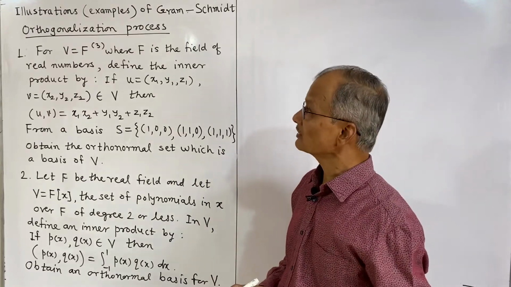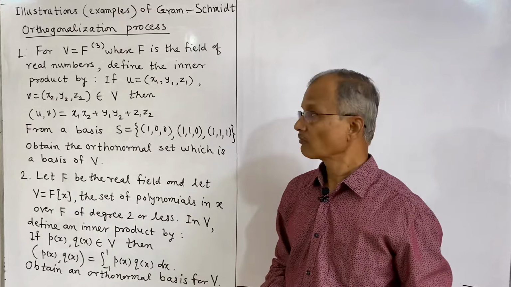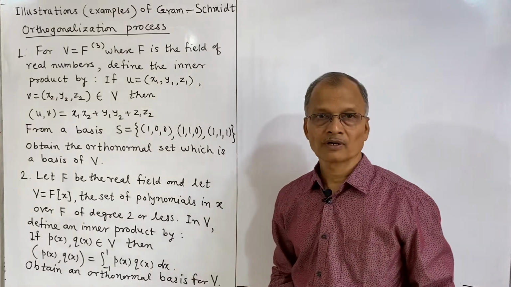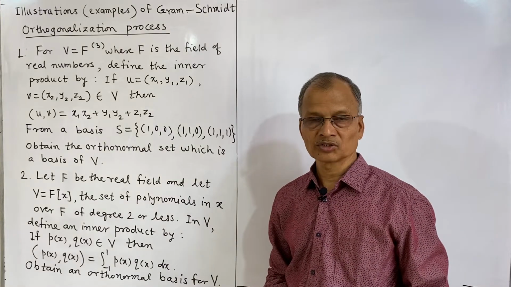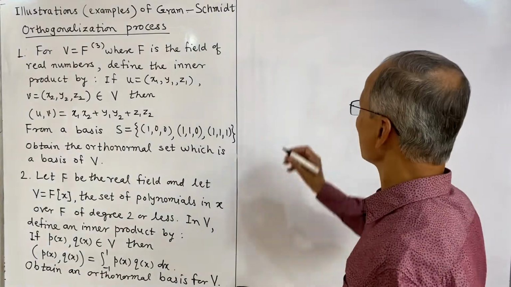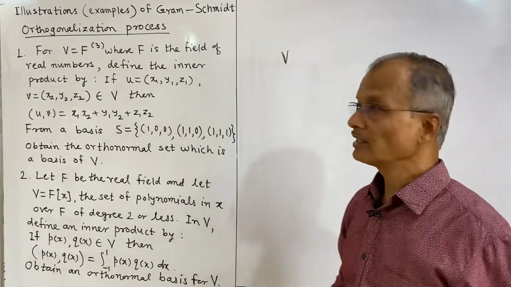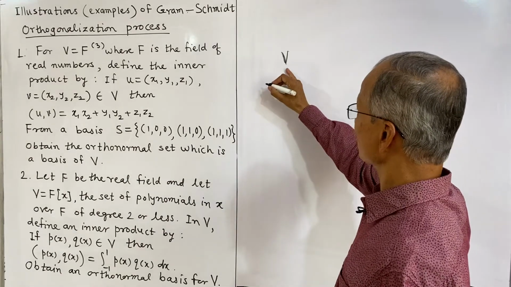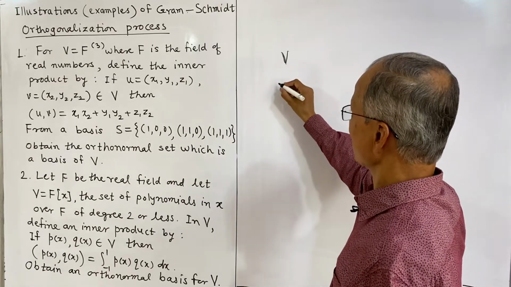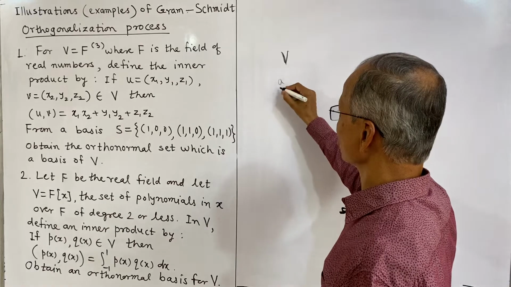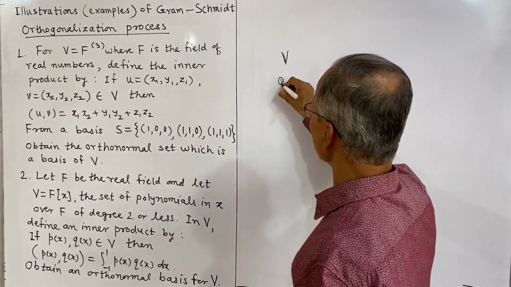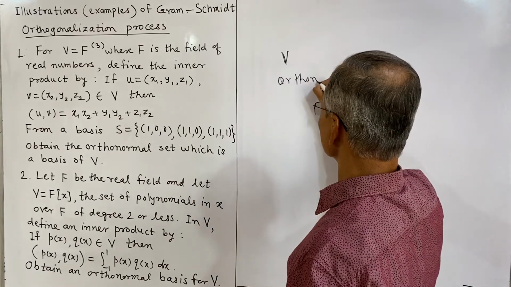In our last lecture, we proved the theorem of the Gram-Schmidt orthogonalization process. The theorem states that if V is a finite dimensional inner product space, then V has an orthonormal set as its basis.